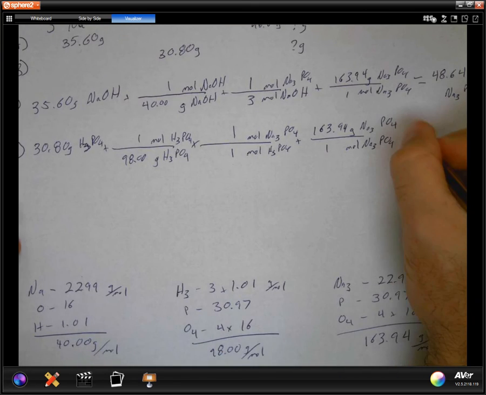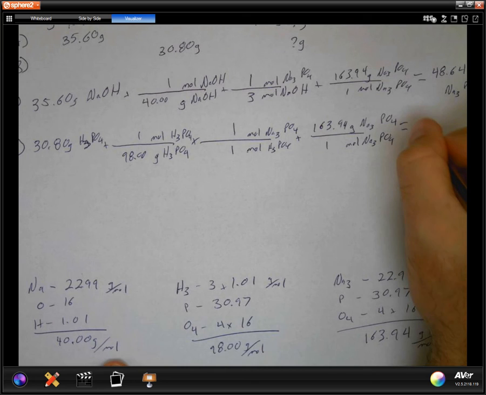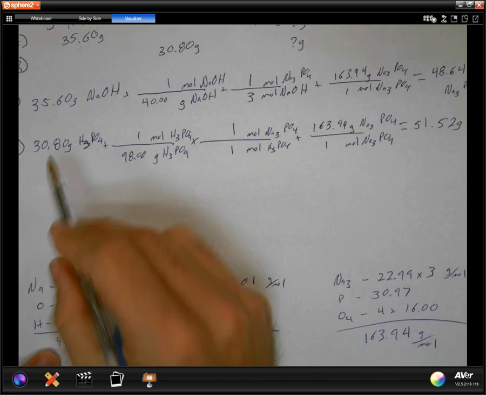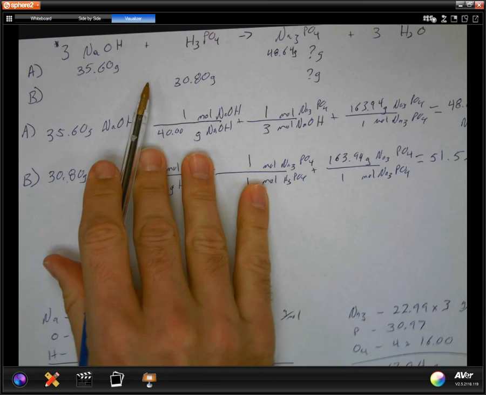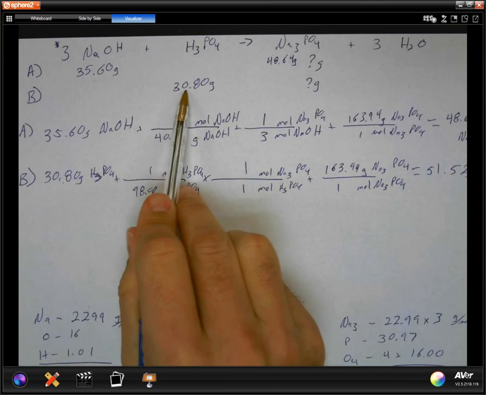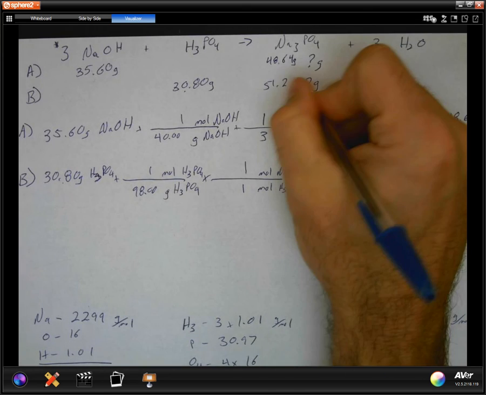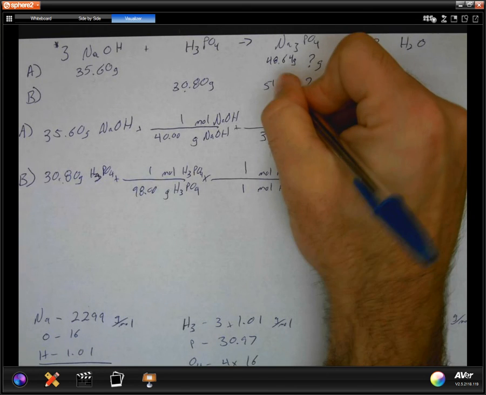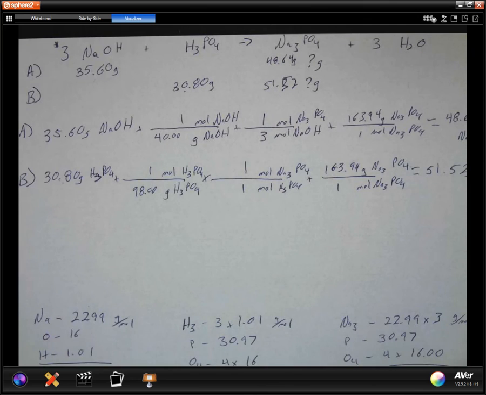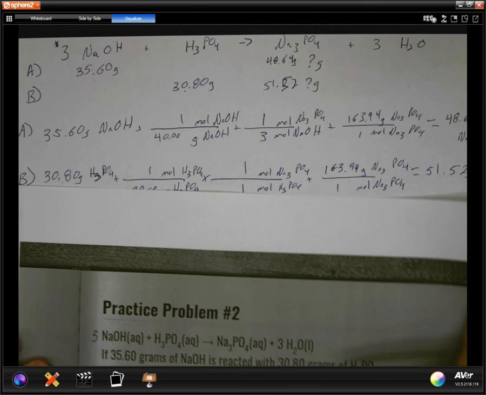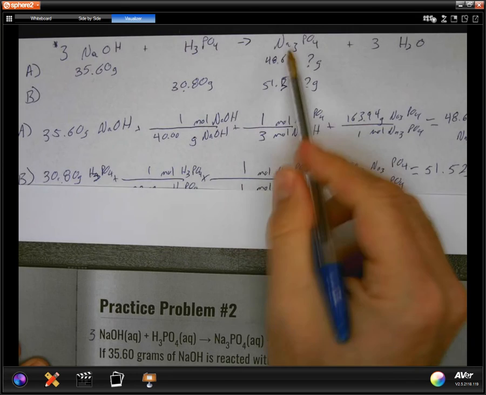Put that in our calculator, and it would come out to 51.52 grams. So again, from this starting point, you're going to make 51.52 grams.